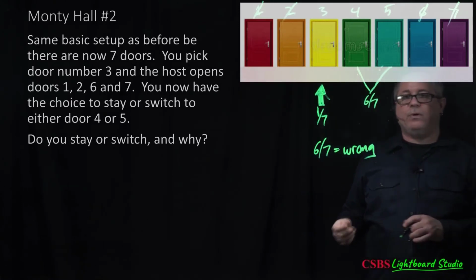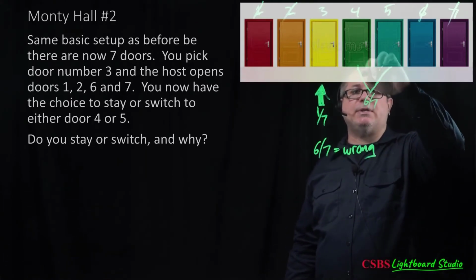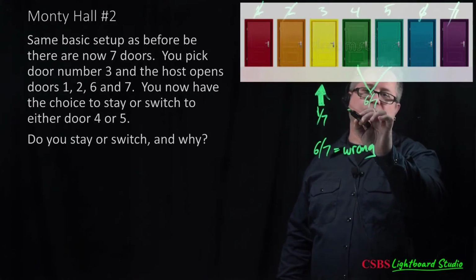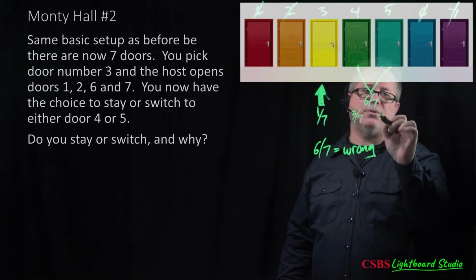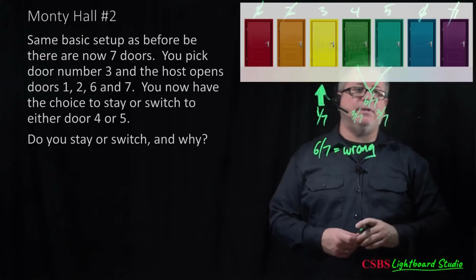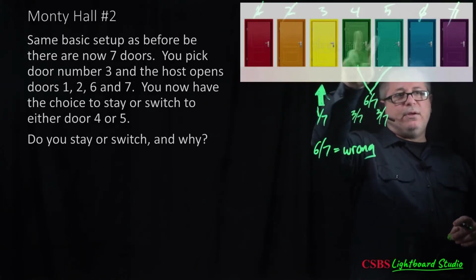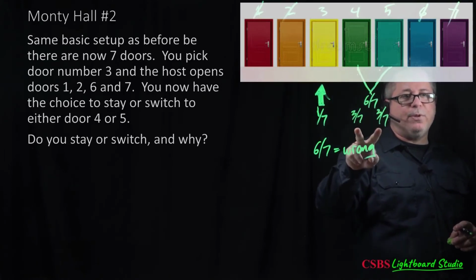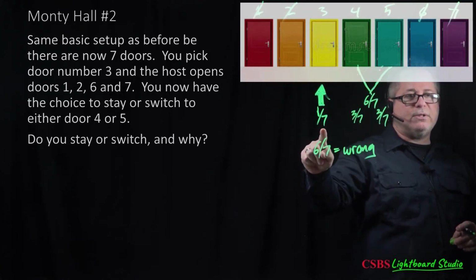And the answer is, well, because the 2 doors together have a 6/7, that means that door number 4 has half of that, which is 3/7. The other door, door number 5, has the other 3/7. So each of these doors, 4 and 5, have a 3/7 chance of having the car, where your door only has a 1/7 chance.